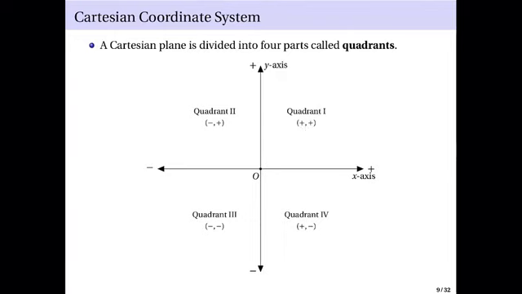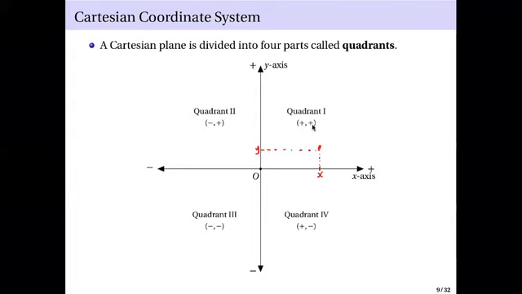If I get a point in here, the x value, since it's to the right of O, is a positive number. The y value, since it's above O, is also positive.